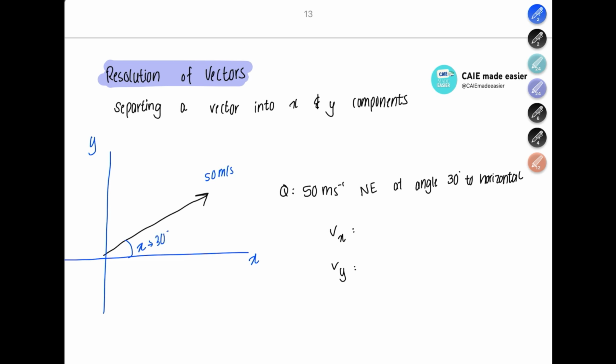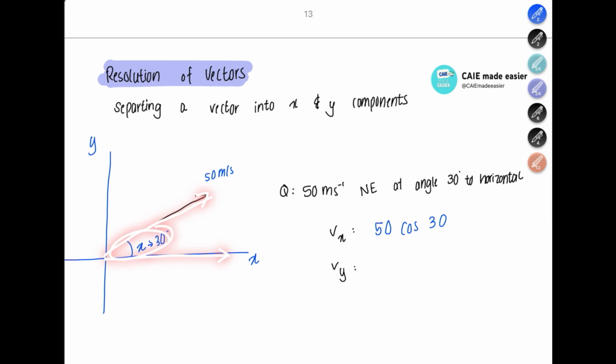Now what you have to do is use either 50 cosine 30 or 50 sine 30. Now how do you know when you have to use sine or cosine? It depends on the position of the angle. So to find Vx, you will write 50 cosine 30. You always use cosine when you know the angle between your force and the component that you're trying to find.